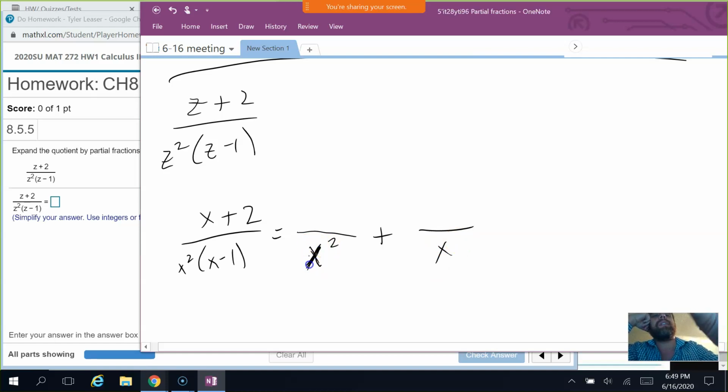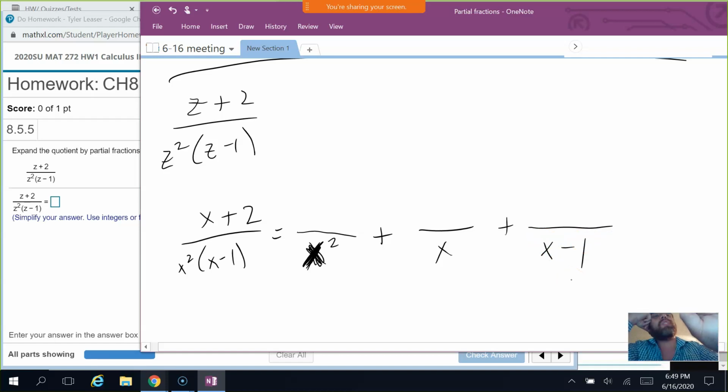That's the same thing we just did in that last example. We had the quadratic thing squared, and then we just had another quadratic. Same thing here. You're going to have an x squared fraction, and you're going to have an x fraction. We still have that other x minus 1 factor. Because it's linear, it's going to get its own fraction, and then that's it.